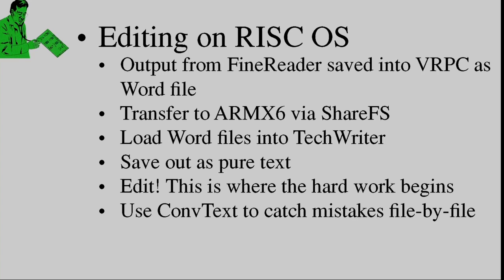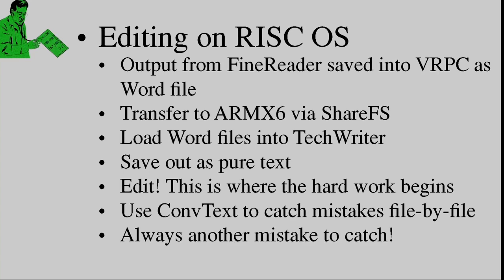I've since learned that there are easier ways of doing it. But what I found was that there was always another mistake to catch. You think you've got everything, and then you spot another thing that needs to be changed. So you have to edit the script in Convert Text, and it became altogether a little bit too tedious.